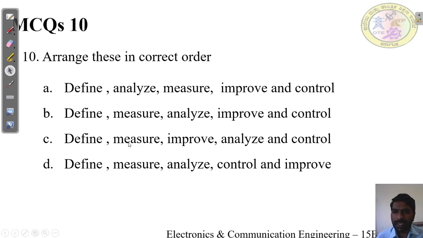Question number 10. Arrange this in the correct order. Option A, define, analyze, measure, improve, and control. Option B, define, measure, analyze, improve, and control. Option C, define, measure, improve, analyze, and control. Option D, define, measure, analyze, control, and improve. Pause the video and try to find the answer.